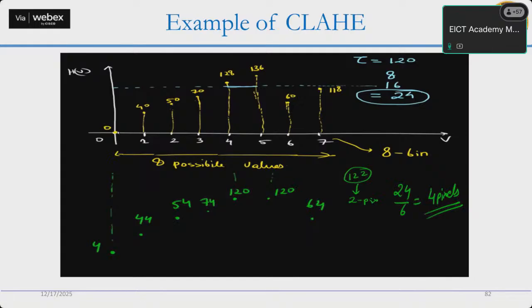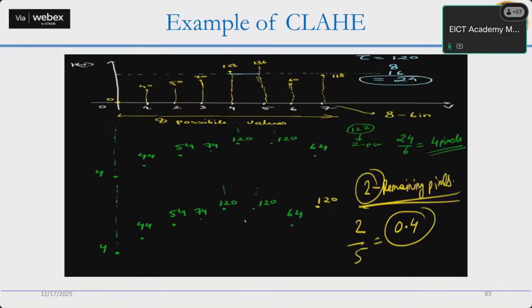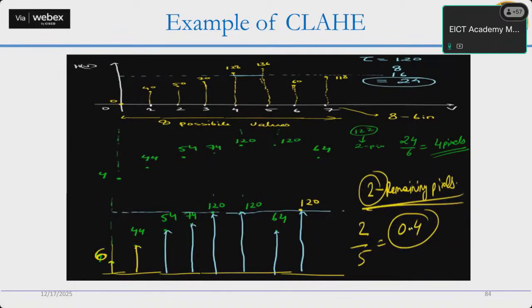This 0.4 can't be added because these are complete values, so the 2 you have to directly add up, to the minimum value. Just a minute.